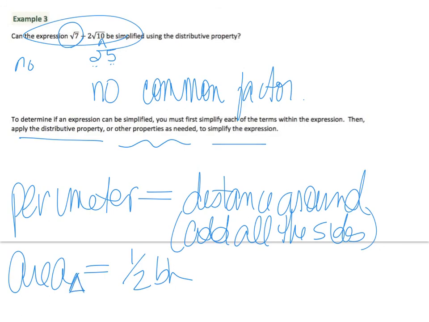The area of a rectangle or square is base times height, or side times side. So you're going to have to do a lot of simplifying using the rules from last lesson, but I thought this lesson was a lot of fun. That's it.